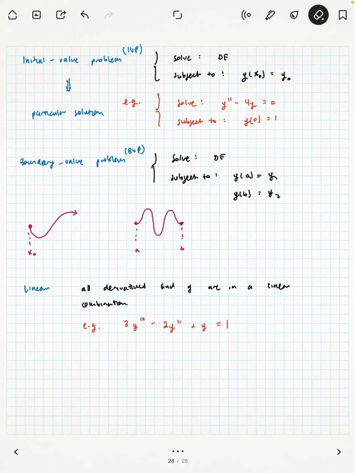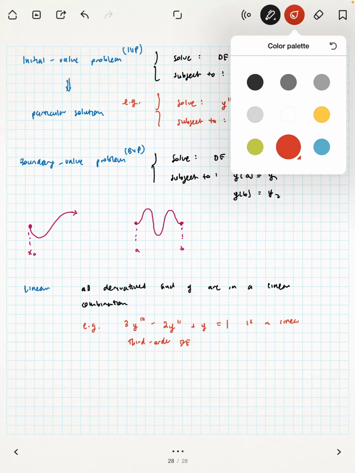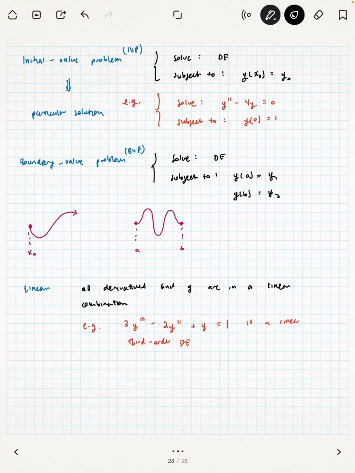Okay, x could be on the other side of the equation, but not with these terms. Okay, so this is a linear third order differential equation.